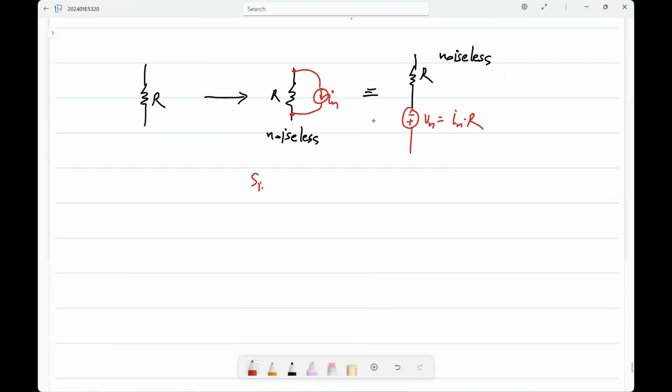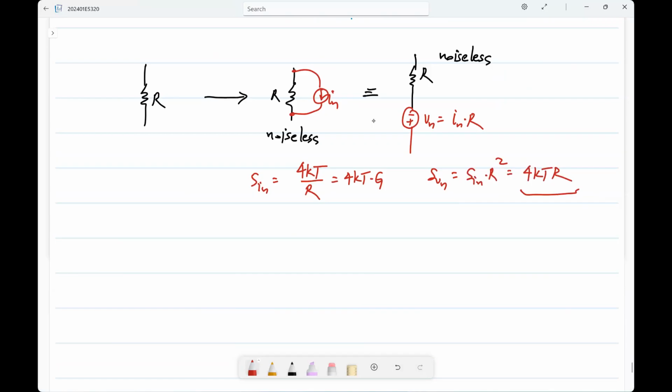The spectral density of IN, as we said, is 4kT by R or 4kT times the conductance. So what will be the spectral density of this voltage? Yeah. So basically, when you take the spectral density, you have to multiply the spectral density of IN by the square of the scaling factor. So this is SIN times R square, which is 4kTR.